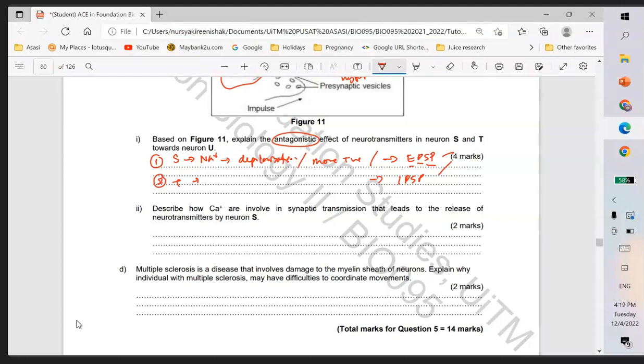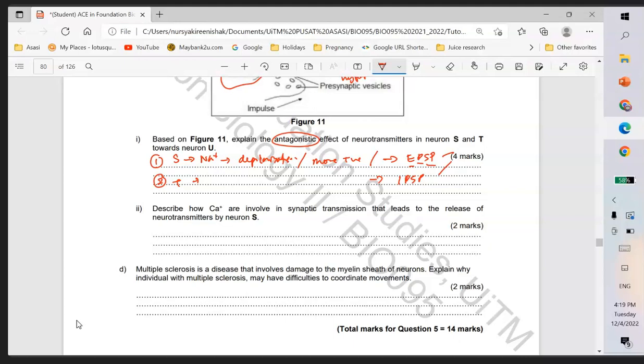Number 2, describe how Ca2+ ions are involved in synaptic transmission that leads to the release of neurotransmitters by neurons. The presynaptic membrane is depolarized by an action potential.